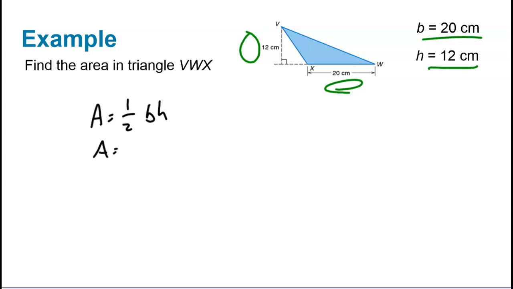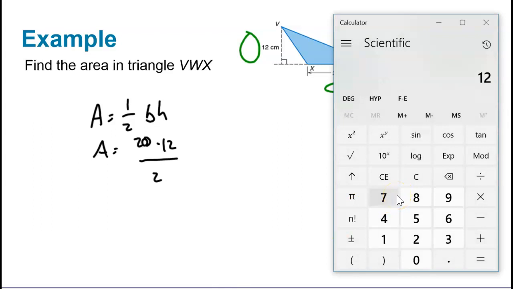So we have area equals base of 20 times 12 over 2, and 20 times 12 gives us 240, divided by 2, which gives us 120. Now notice that this is an area problem, so you might have already caught it, and the units will be centimeters squared.